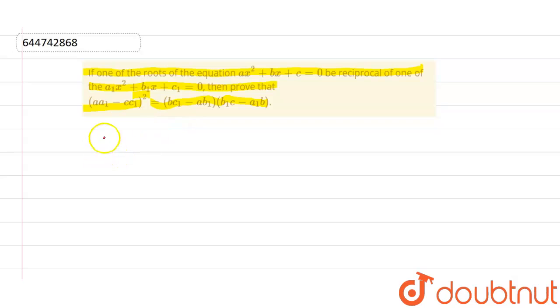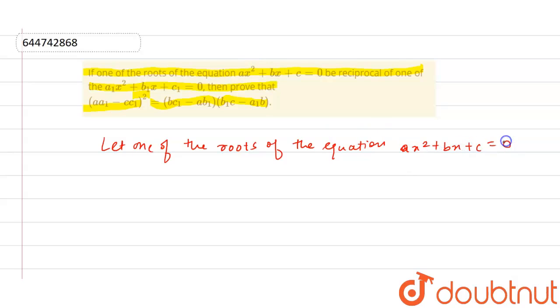So first of all, let one of the roots of the equation ax square plus bx plus c equals 0 be alpha.